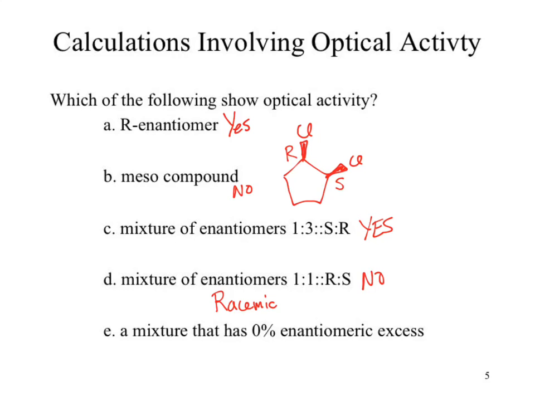Last one, a mixture that has 0% enantiomeric excess? That's the same thing as D, a 1 to 1 ratio. So 50% of it is R, 50% of it is S. If we try and calculate our enantiomeric excess, we get 50 minus 50 gives us 0.